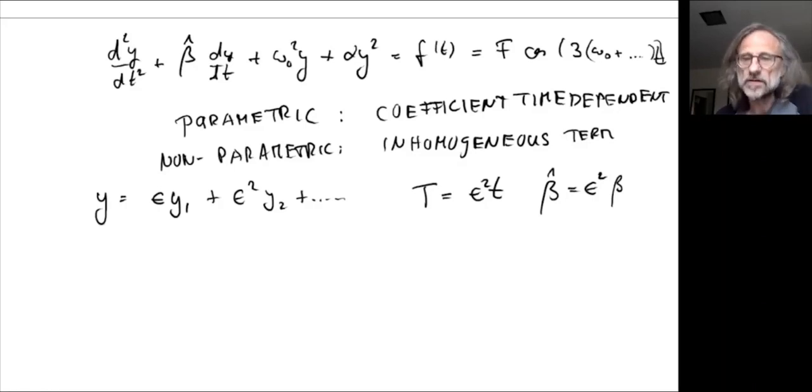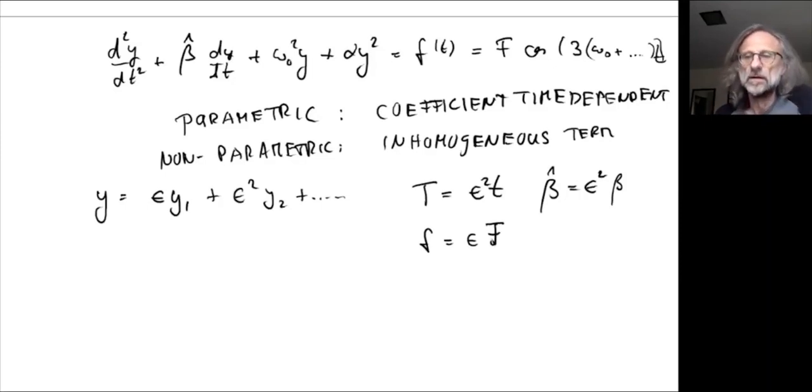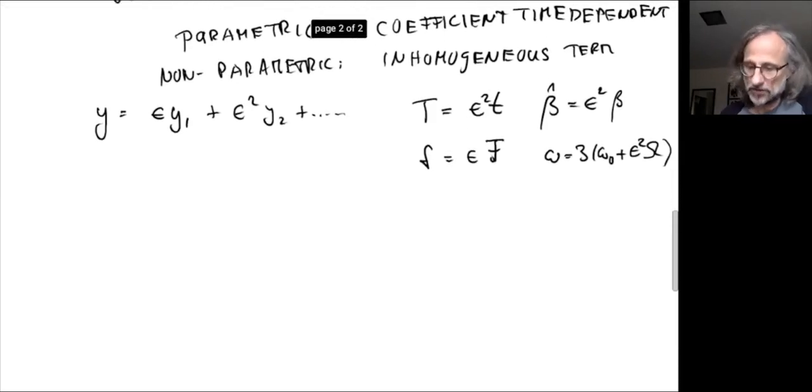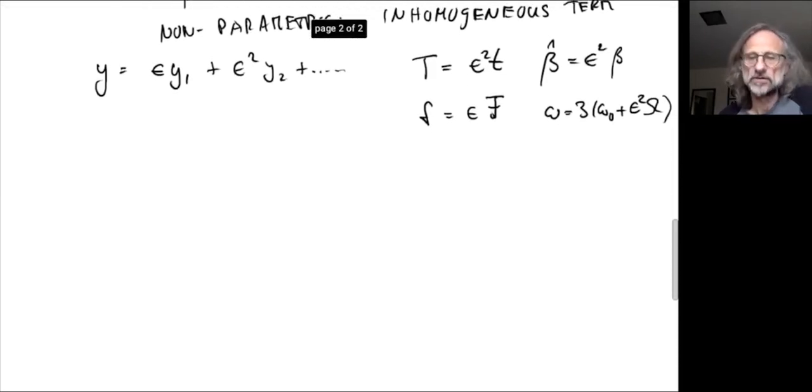And the forcing F, I pick to be epsilon curly F. And therefore we also know how we should pick the frequency. We have the frequency omega is 3 times omega naught plus epsilon squared, capital omega. Okay, and we expect the solvability condition to kick in at order epsilon cubed.